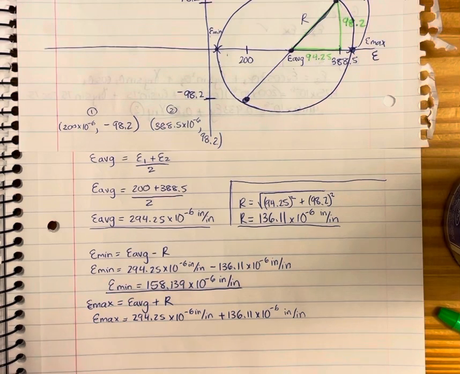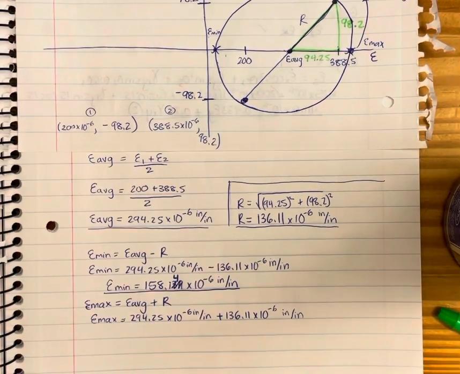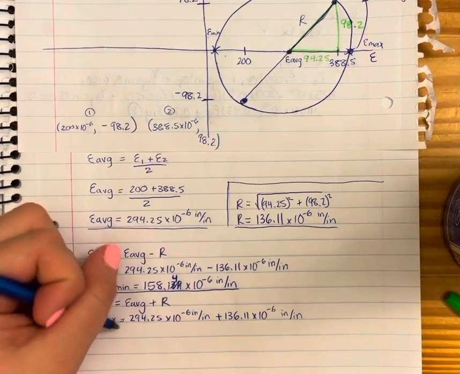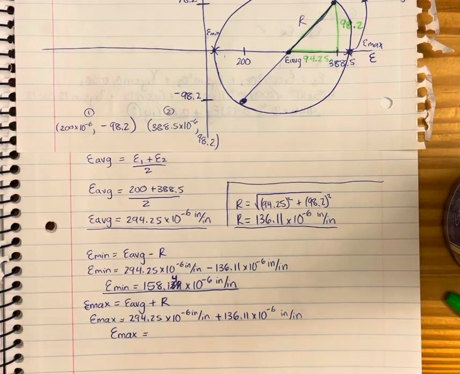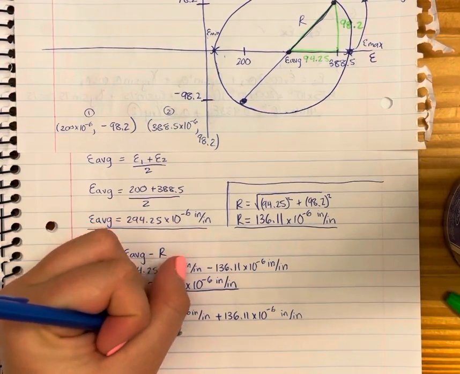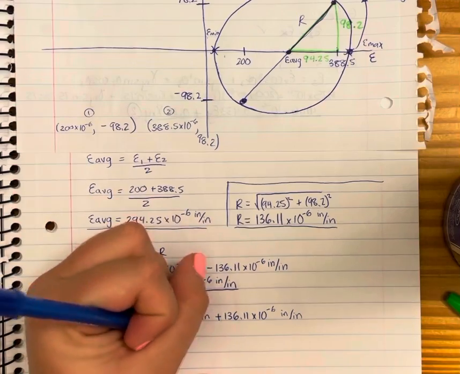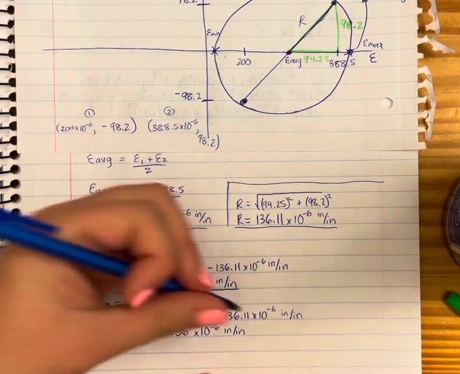If you plug that into the calculator, you get the maximum strain equals 430.36 times 10 to the negative 6 inches per inches.